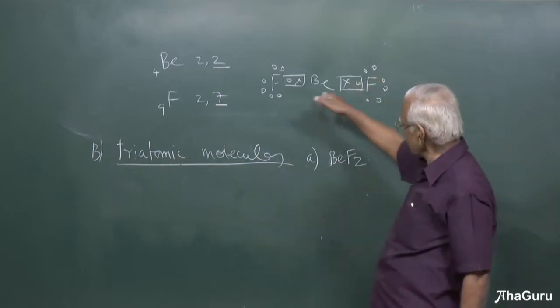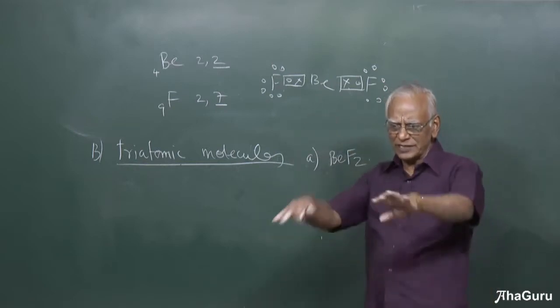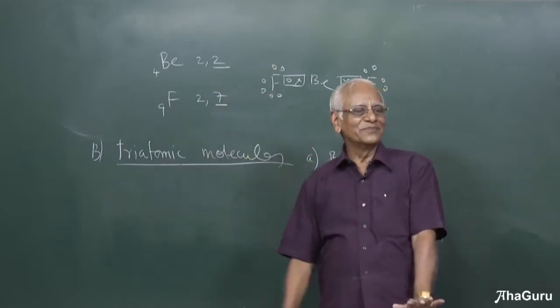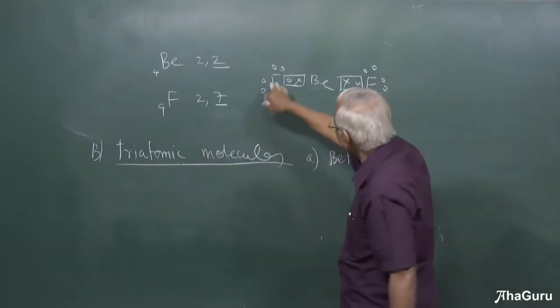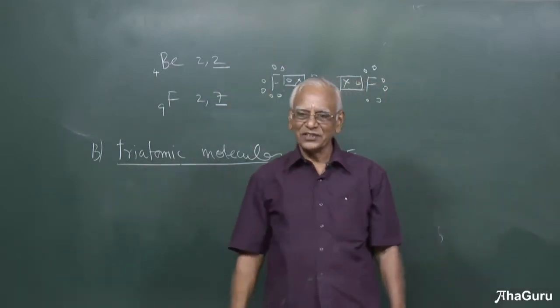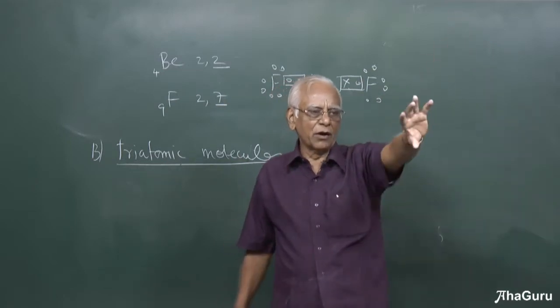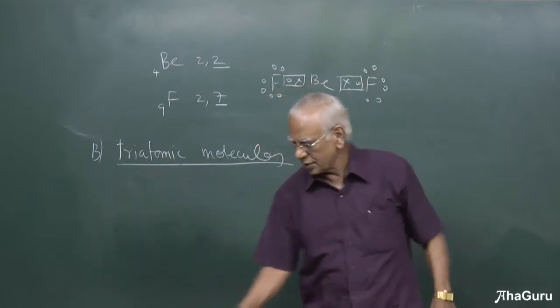Electron deficient, because even after sharing, has beryllium got the octet? No. The purpose itself is lost. But anyhow, it has done a job. It has satisfied the electron thirst of the fluorine, the octet of the fluorine. But let us not be worried about how you are going to get the octet. It is a different thing.